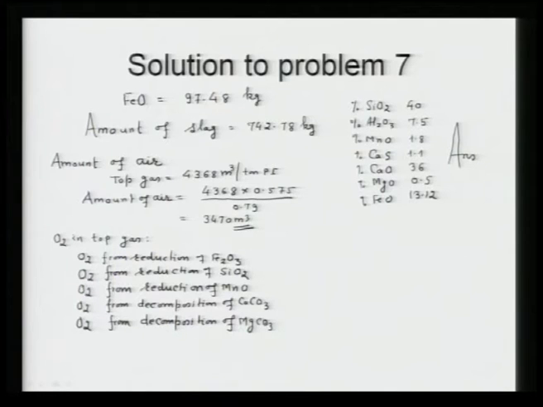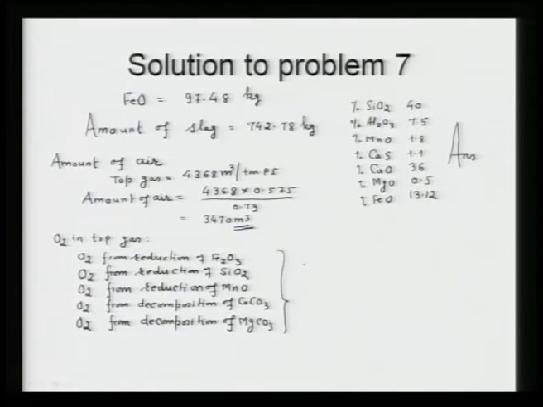So, if you subtract the total oxygen from this oxygen, which you have calculated due to the reduction of ferrous oxide, then that much oxygen remaining has come from air. That is the philosophy of calculation from the oxygen balance. So, if you sum total, I am writing all these, you can calculate.